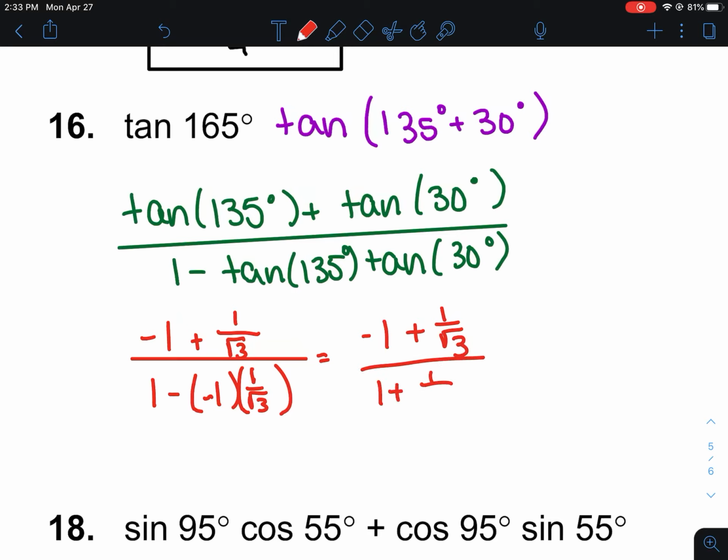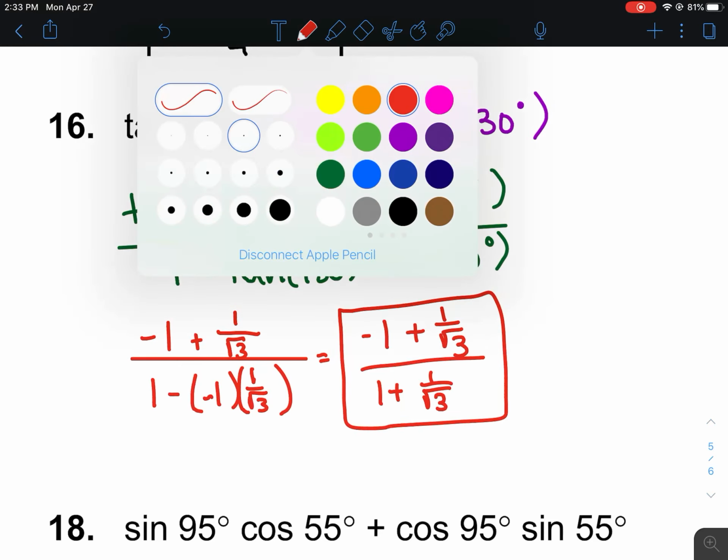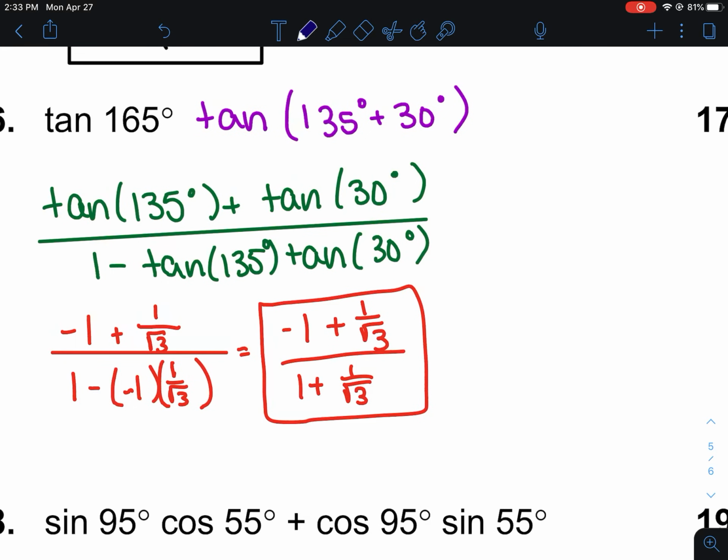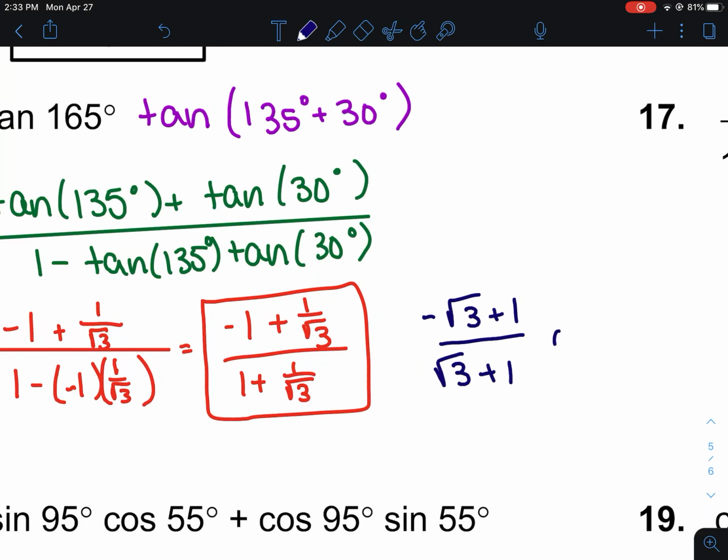Which just changes to a plus. Okay, and that's perfectly fine to have it written like that. Other ways this could also be written. You might see the answer like this, or like this, okay? But this is a perfectly acceptable answer.